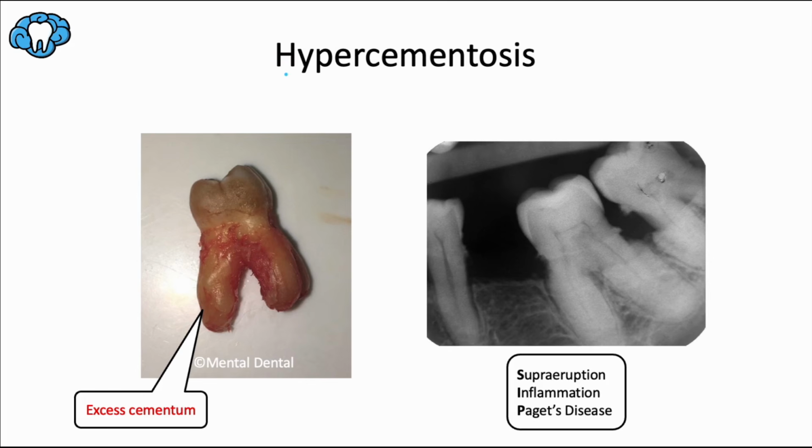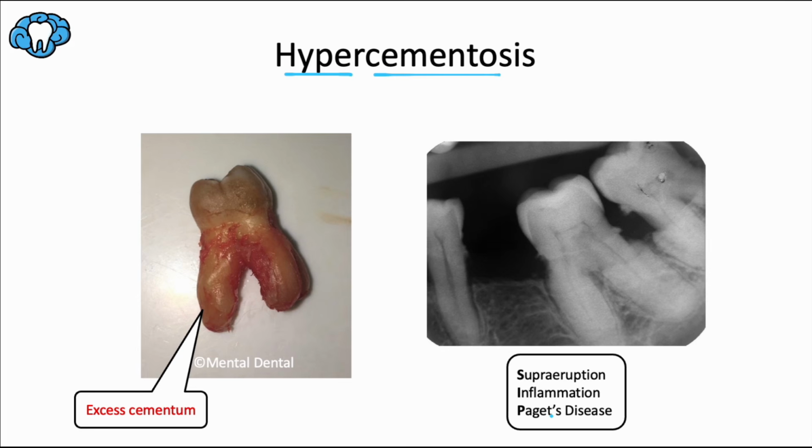Hypercementosis. Hyper means extra. Cementosis referring to the cementum. So hypercementosis refers to the excessive deposition of cementum on the tooth roots. In most cases, its cause is unknown, but it can be related to supraeruption, inflammation, or Paget's disease of bone.